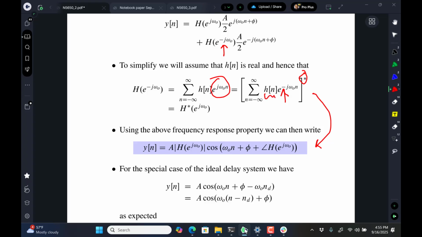And if this is real, the conjugate doesn't have any impact on it. So this is kind of a sneaky little mathematical trick to just say, hey, if I have a real system, H of e to the minus j omega naught is equal to H conjugate of e to the j omega naught.